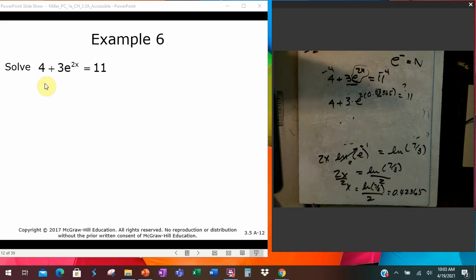If I do 4 plus 3 times my e to the x, 2 times that number, I actually get 11.